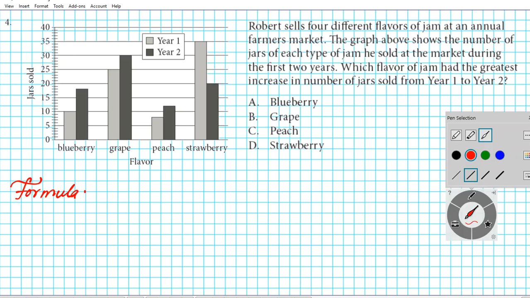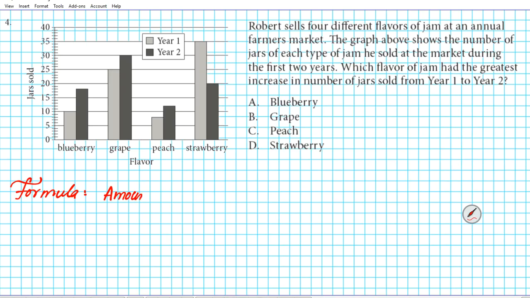Your formula says the amount of increase is going to be the year 2 amount minus the year 1 amount, right?